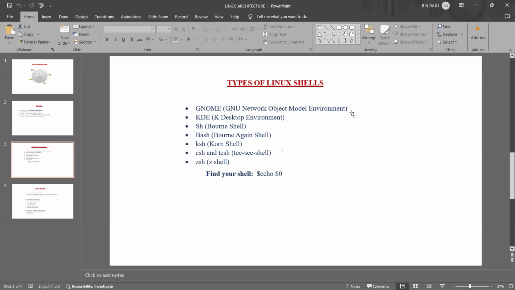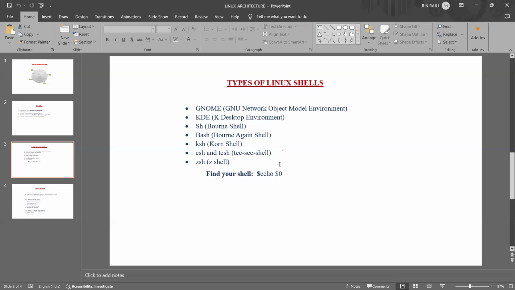It is a graphical user interface and set of computer desktop applications for users of the Linux operating system. At the same time, KDE stands for K Desktop Environment. So these two are graphical desktops, I mean graphical user interfaces.